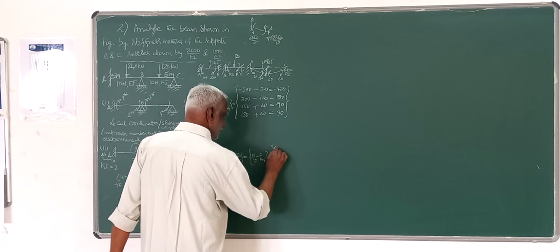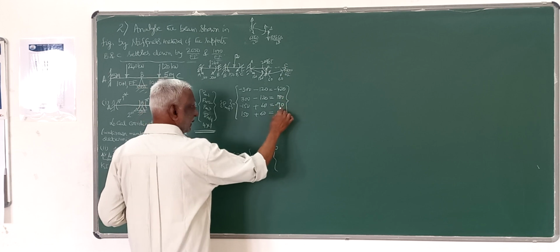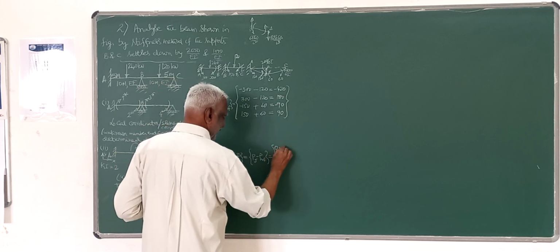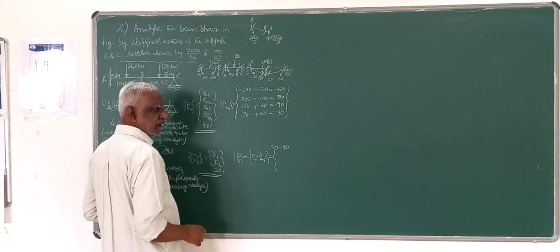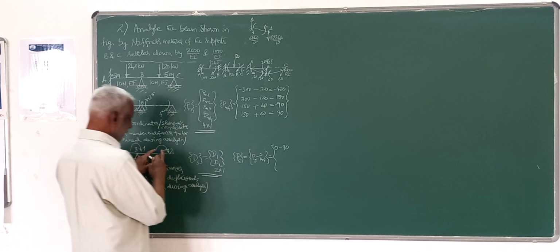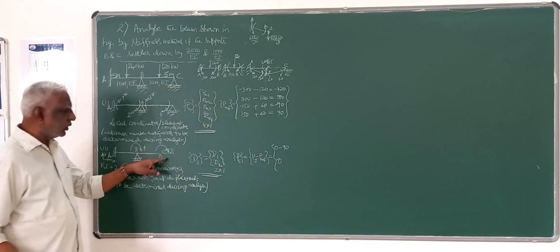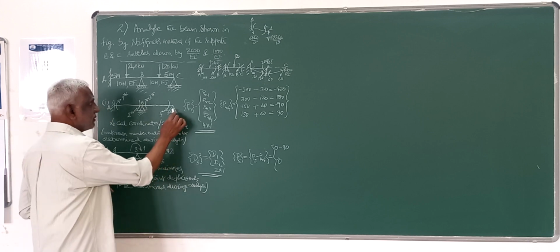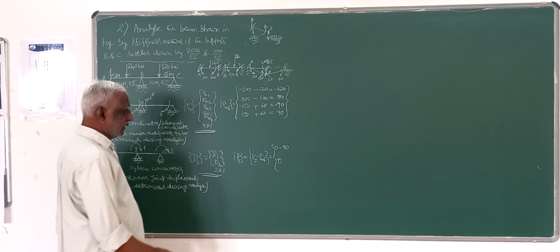So here Pj is 0, PMS will be 180 minus 90, that is 90. I have to take it as minus 90 because it is minus PMS. Then corresponding to coordinate 2, here Pj is 0, there is no joint load. If there was an overhang, then the joint load would have been there, and that value we were taking.